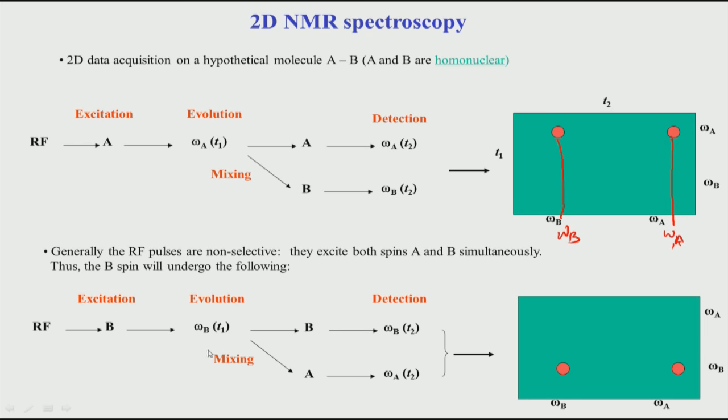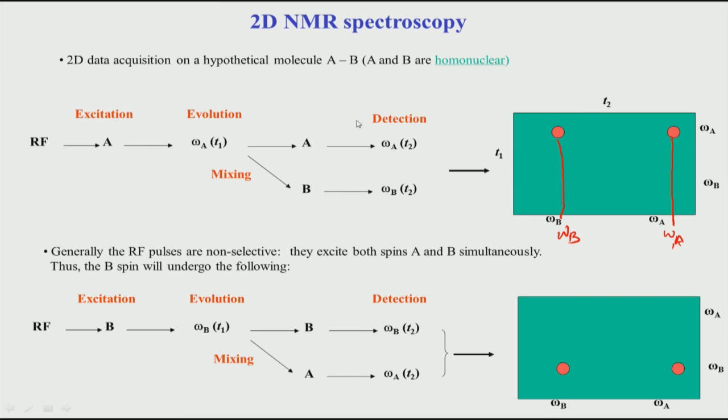Okay. Now, look at the other transfer. It has become A during T2 and it is B during T1. So, that will be the cross peak between A and B. This is the peak here, this line here. The omega A is here and omega B is here. So, you get a cross peak between A and B because of this transfer.